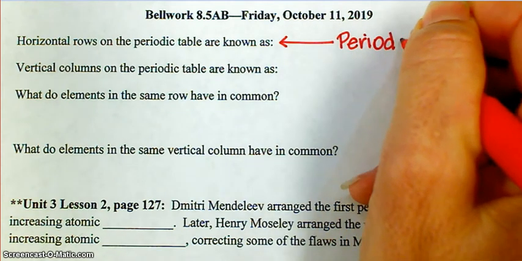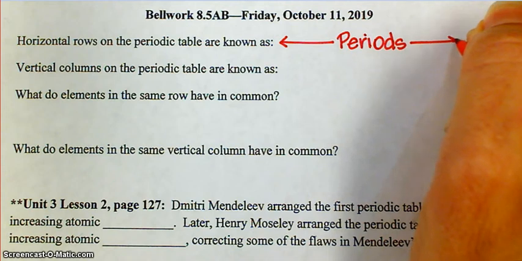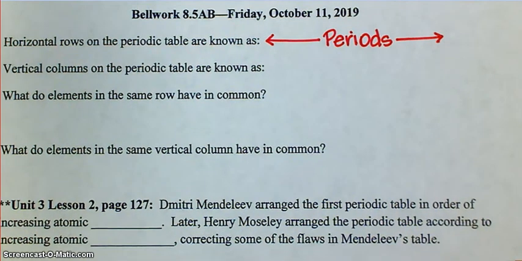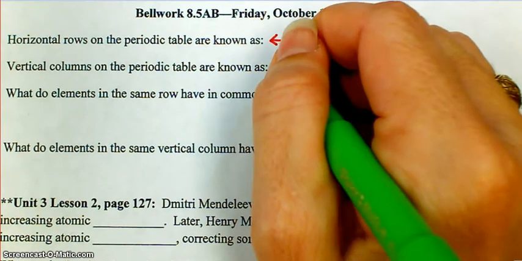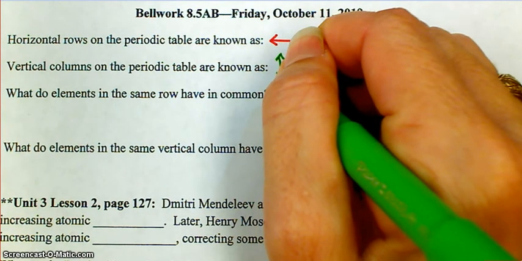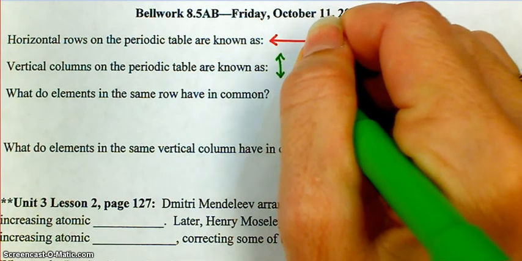Horizontal rows are known as periods. So, horizontal rows, side to side. Same two pages. Vertical columns on the periodic table are known as groups or families.